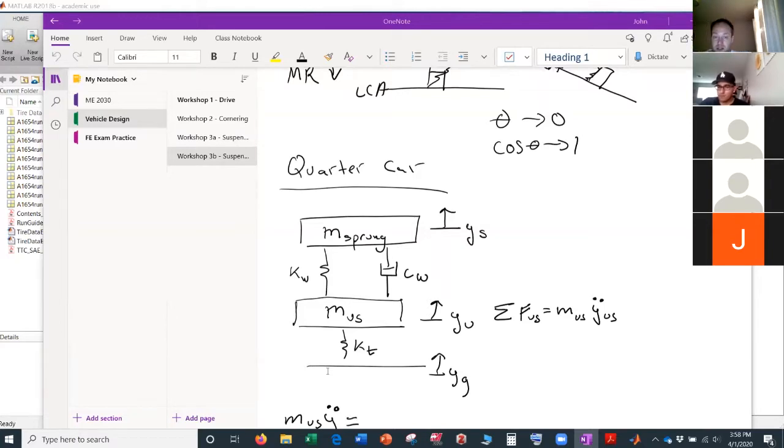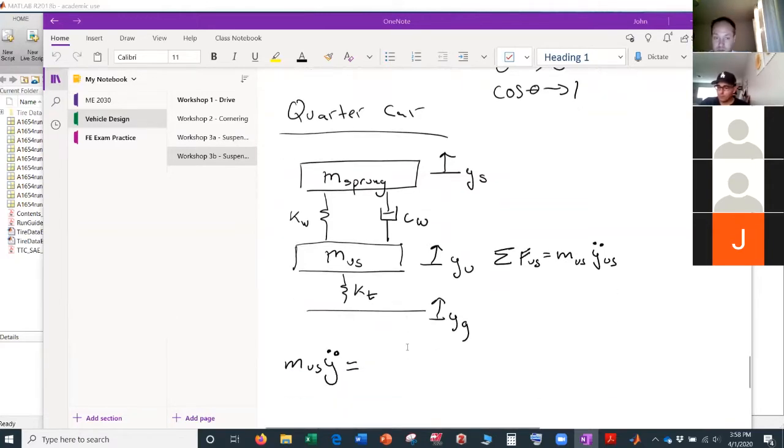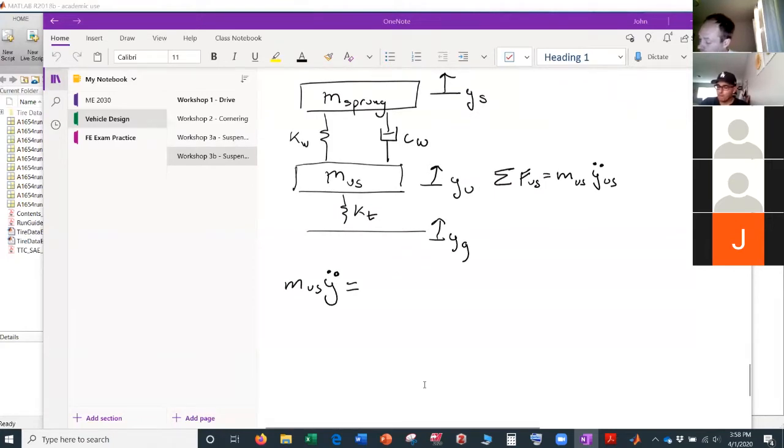What we have here is the tire, it's going to get pulled down, a negative, if the y unsprung moves up minus y of the ground.